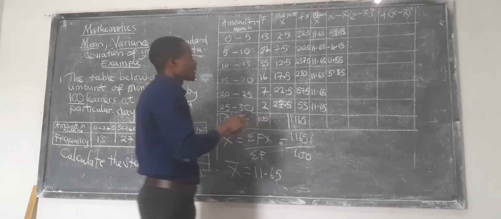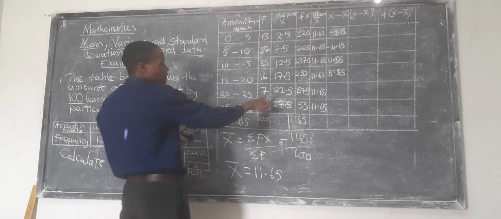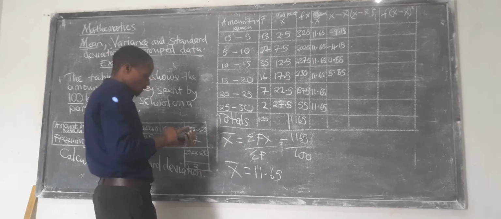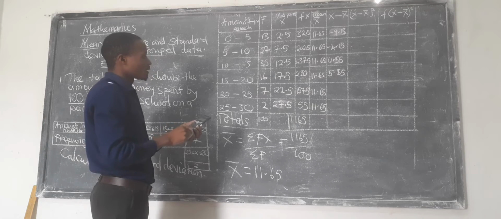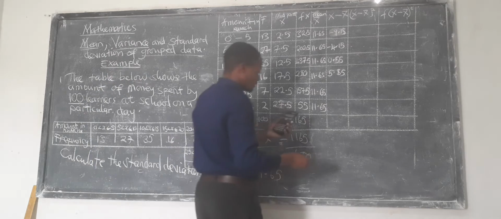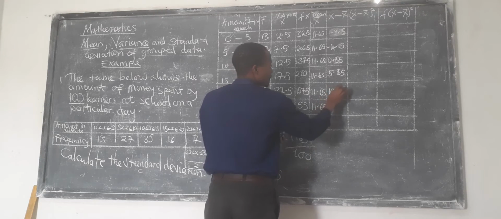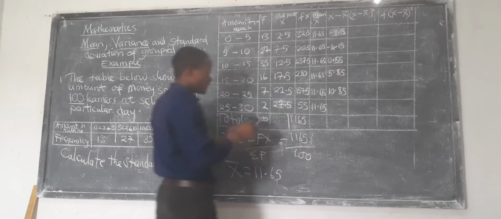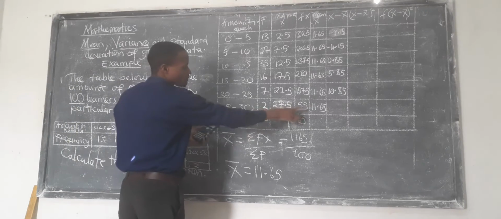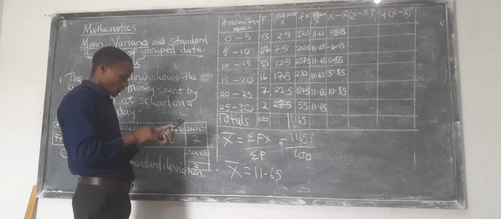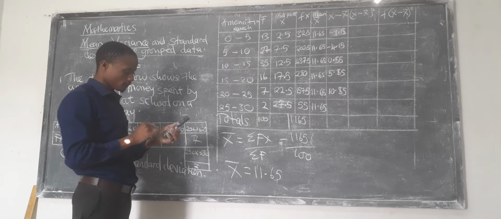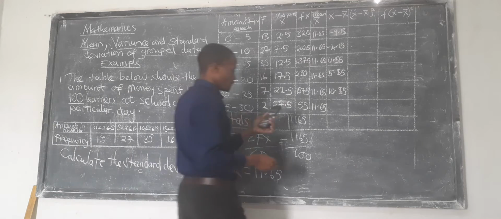Next, we have 22.5 minus 11.65, so we have 10.85. And the last one, 27.5 minus 11.65, we have 15.85.